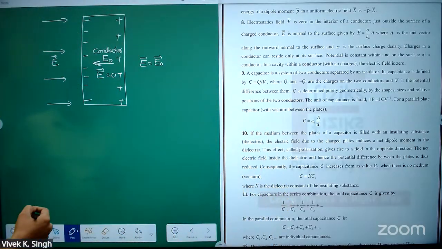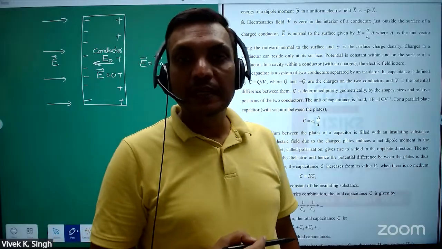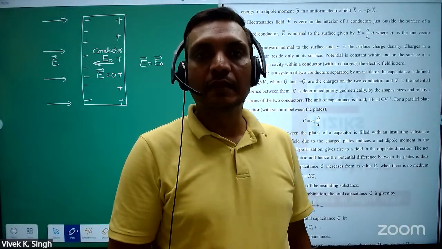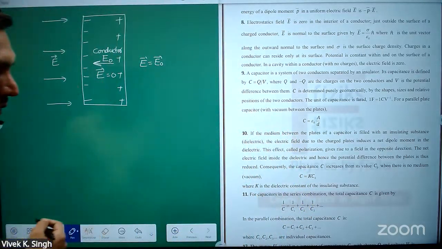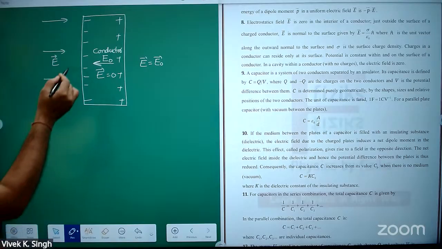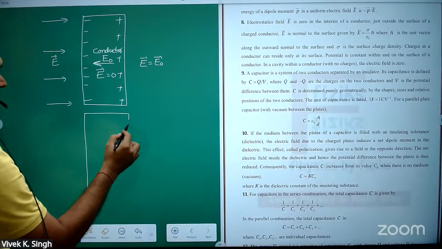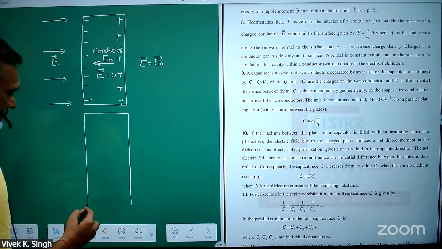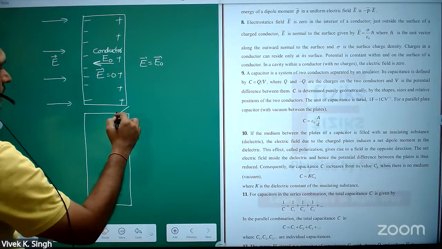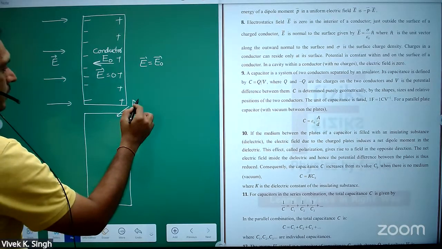But if this metal is not a conductor, if it is a dielectric, then what will happen? Instead of a conductor, let's say it is a dielectric material.